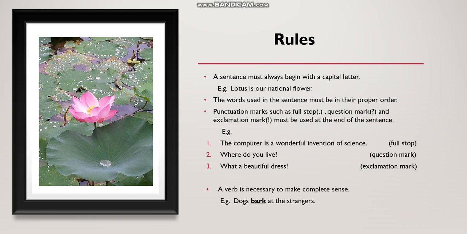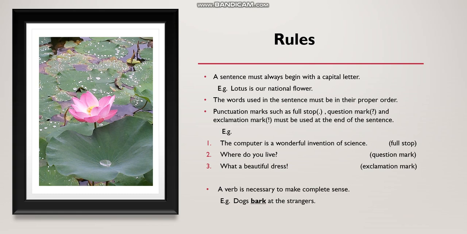Now let us look at example number 3. What a beautiful dress. Students, here the sentence tells us that the dress is beautiful. So we are expressing our feelings. So this is an exclamatory sentence. After an exclamatory sentence, we always put an exclamation mark.